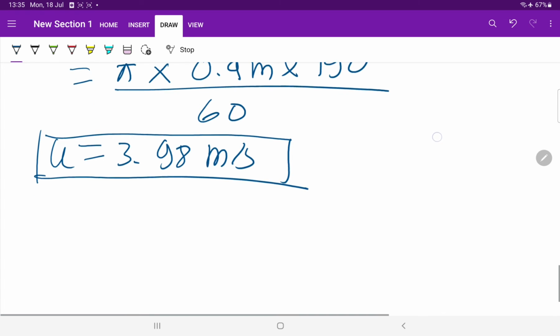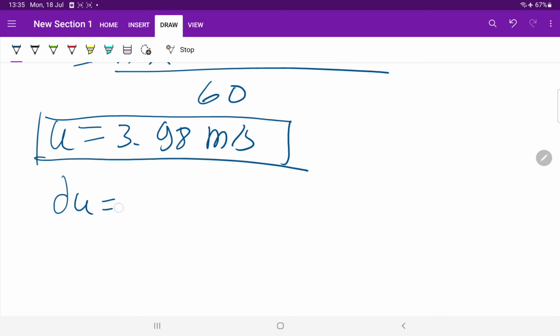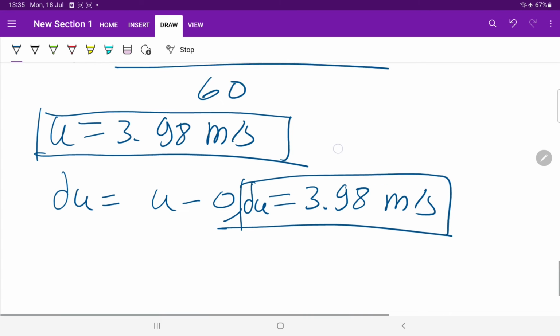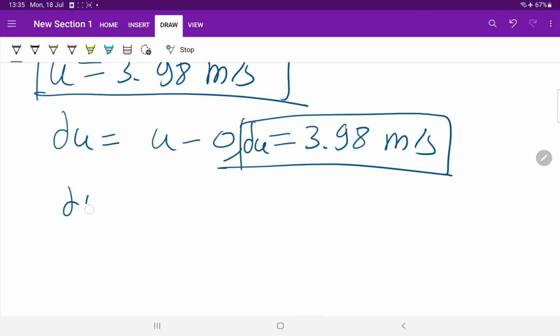Now once I found the tangential velocity, I'll find du. Du will be same, right? Du is equals to u minus 0, which in turn means du is the same as u, 3.98 meter per second. So it will not change. And next thing is dy.